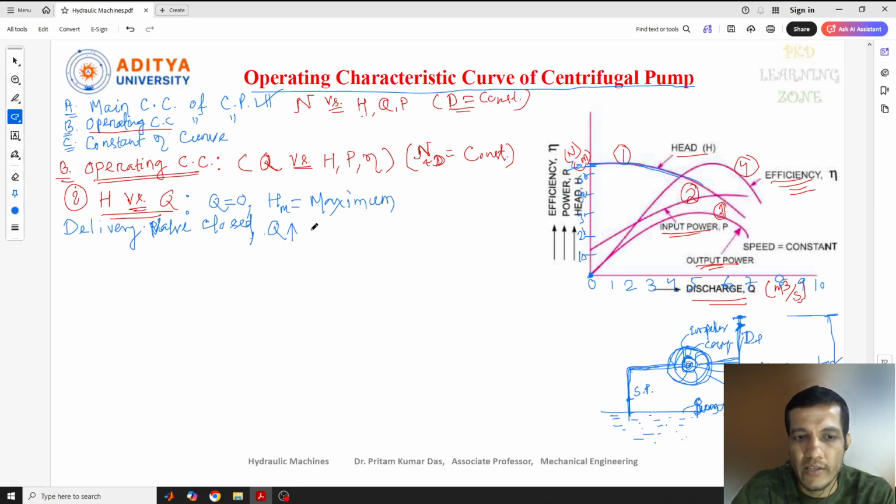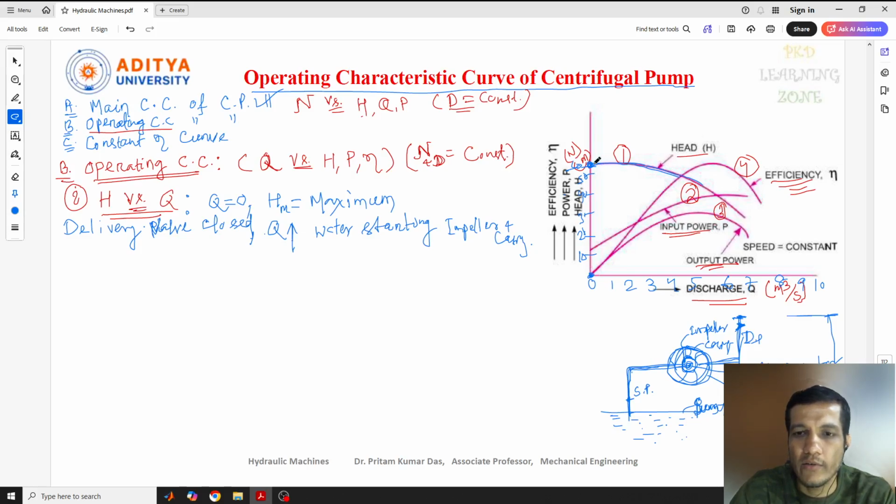So when the discharge value increases, the water starts flowing through the impeller and casing. We understand that we already reached the maximum head at zero discharge, so once discharge increases, you won't get more head.